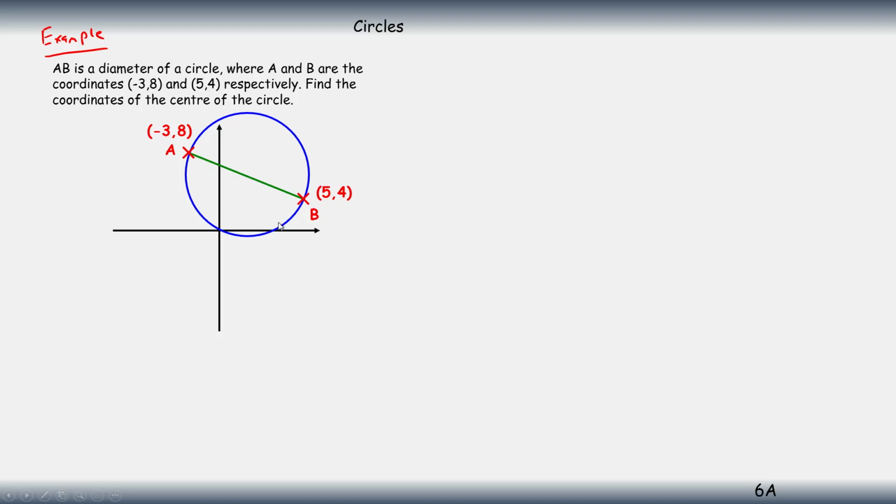So using our formula, which is x1 plus x2 divided by 2 and y1 plus y2 divided by 2. It doesn't matter which one you call 1 or which one you call 2. Okay, seems sensible to call A 1 and B 2.